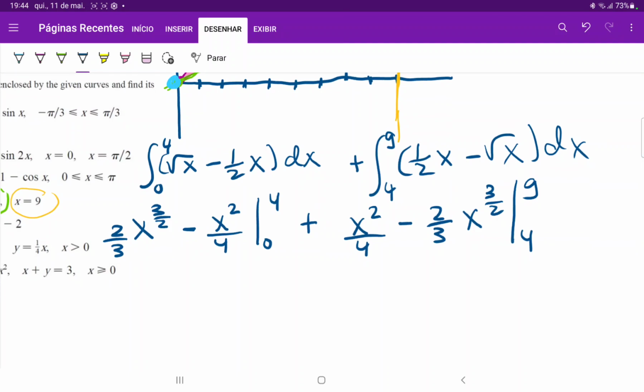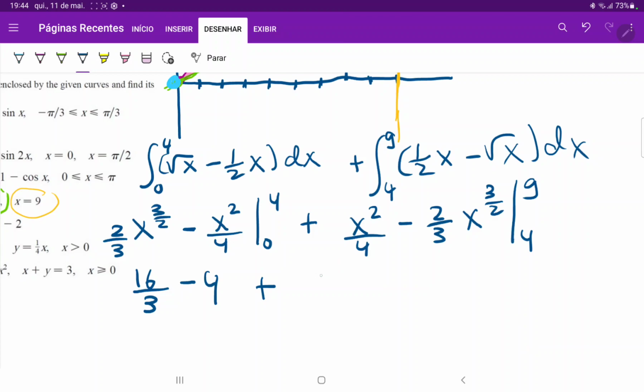So let's calculate it. 4 to the power of 1.5 is 8 times 2/3, so that is 16 over 3 minus 4 squared over 4, which is just 4, minus 4. And then we don't need to plug in the lower boundaries because the lower boundaries will just give us 0, right? And then plus, let's look at this other side.